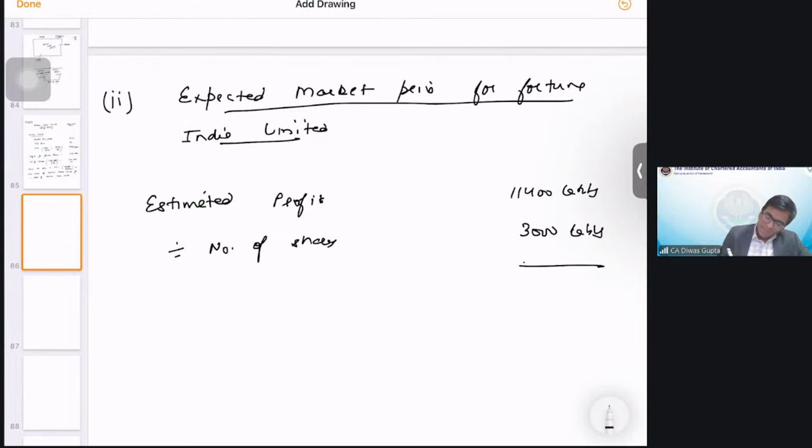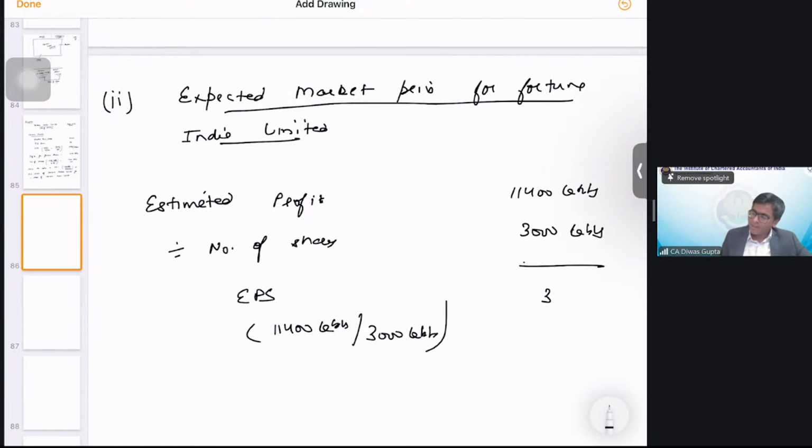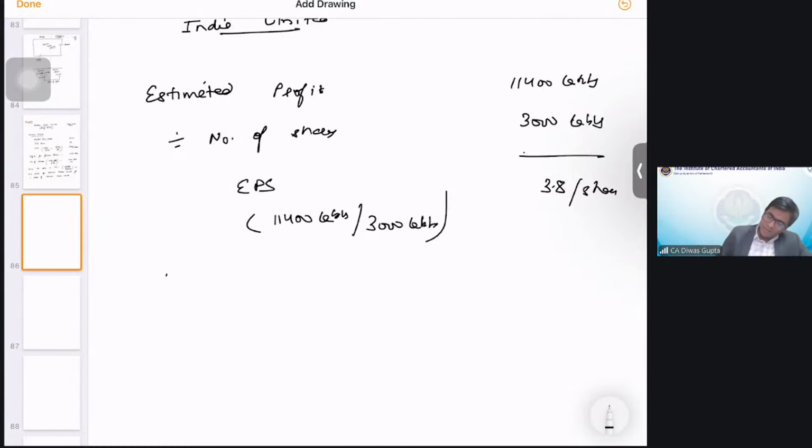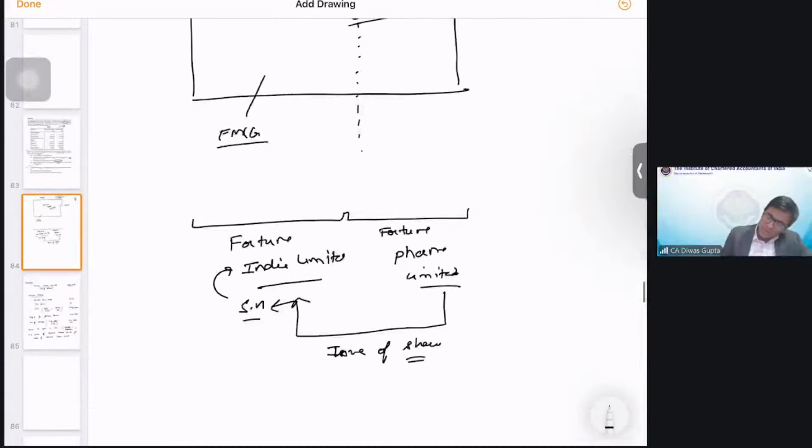EPS is 11,400 lakhs divided by 3,000 lakhs, right? So this becomes 3.8 per share. Estimated PE ratio is given as 42, students, right?